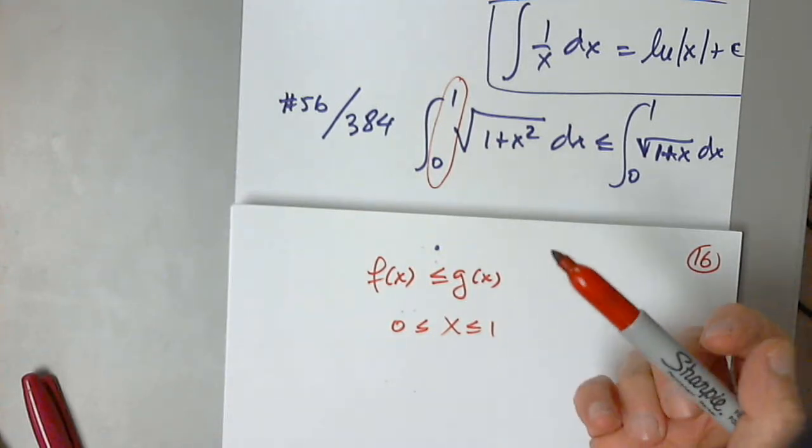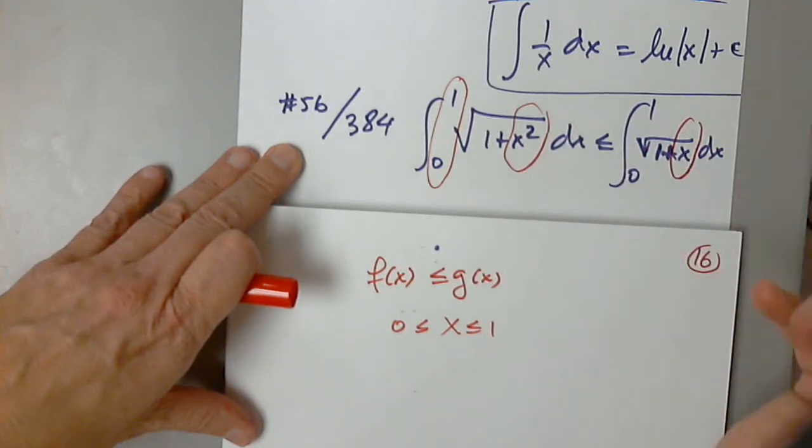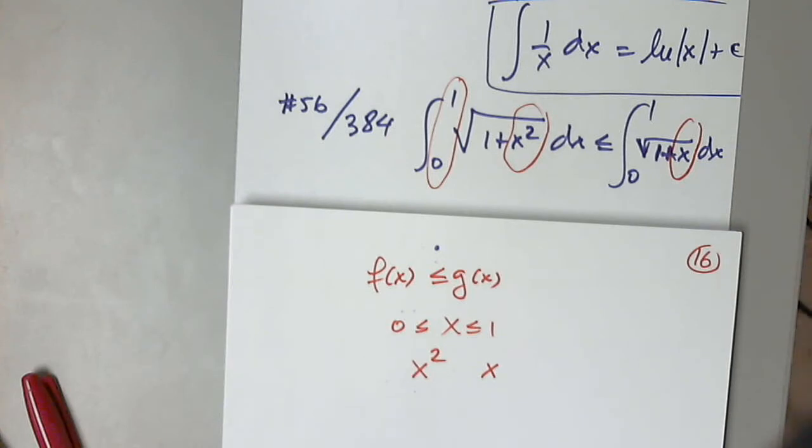So if x is between 0 and 1, let's analyze just this piece. Which of these two is smaller? Remember, we are talking only about numbers between 0 and 1. Is it x squared which is smaller, or is it x which is smaller?